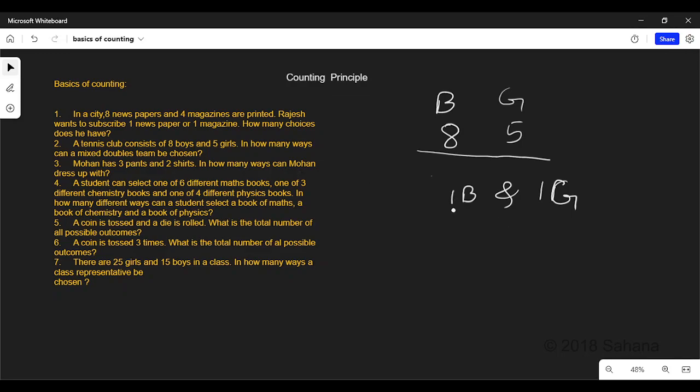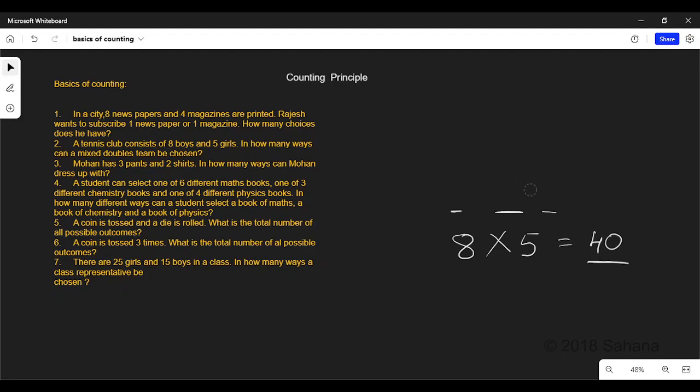There are 8 options for boys, and 5 options for choosing a girl. Since it is and, we have to multiply the options. Therefore, there are 40 ways of choosing a boy and a girl out of 8 boys and 5 girls.